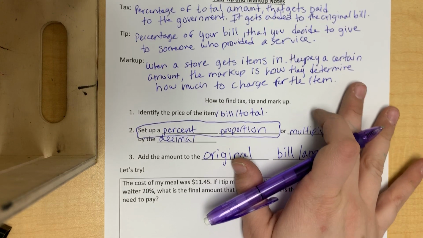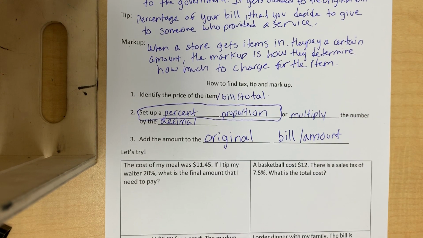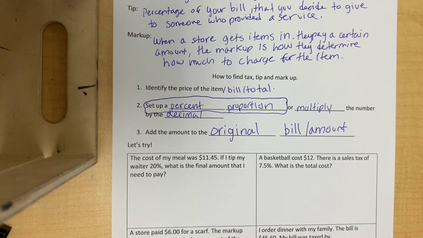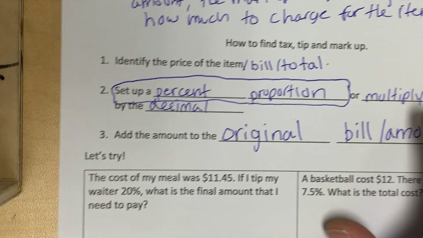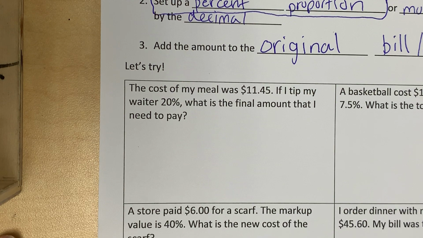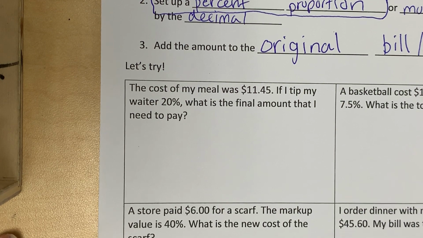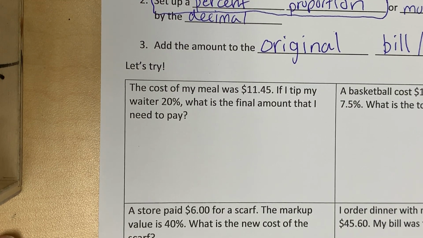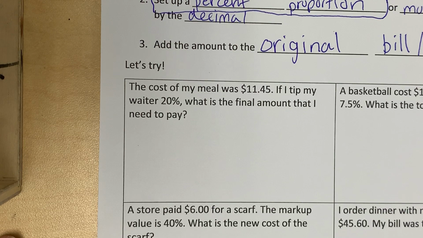So let's try this first one together. The cost of my meal was $11.45. If I tip my waiter 20%, what is the final amount that I need to pay? This is a multi-step question. The first thing is I need to determine what is 20% of $11.45.